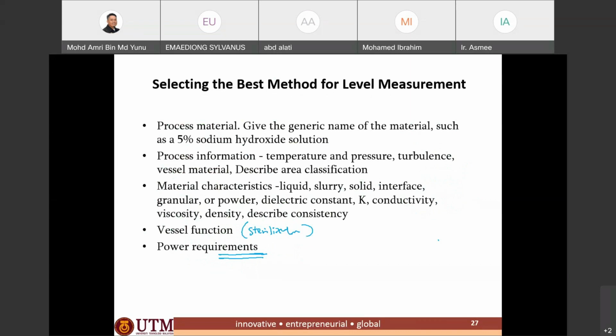So in order to select the best method, you have to look into the material.